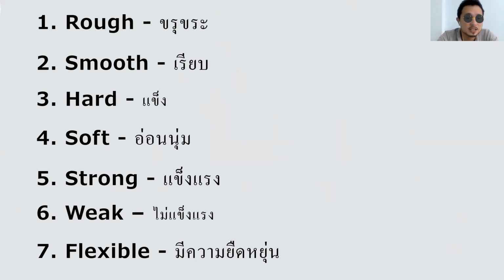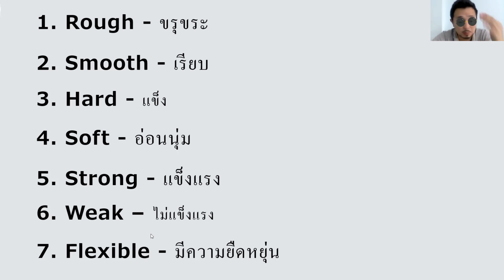You can see the translation. Next, we have soft. You have to follow with me and read the translation. Next is number five, strong. And number six, we have weak. The translation is there.